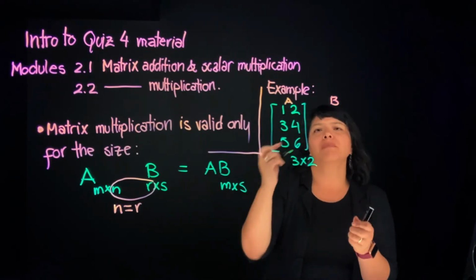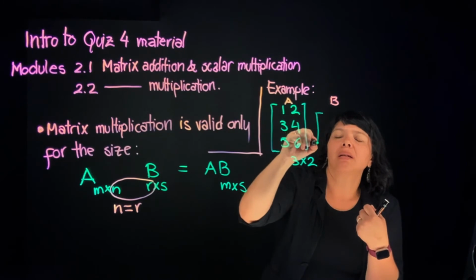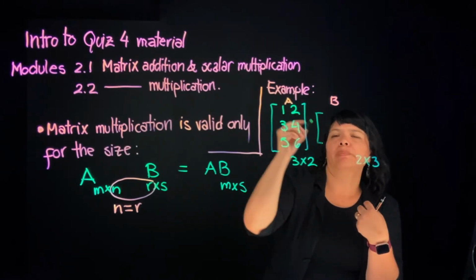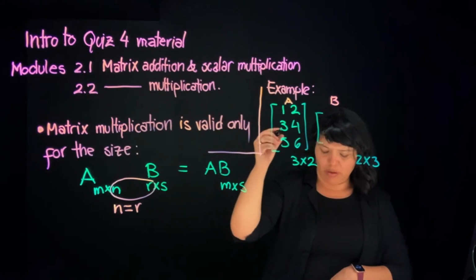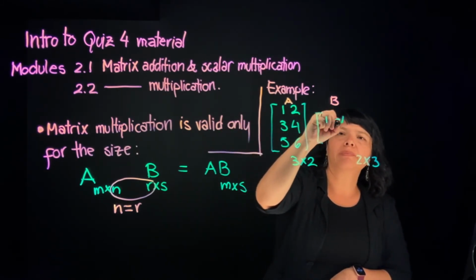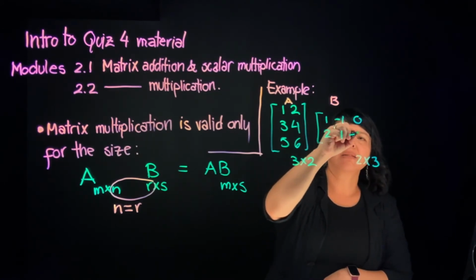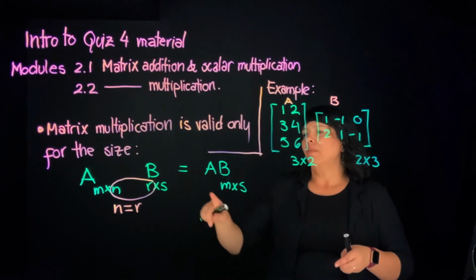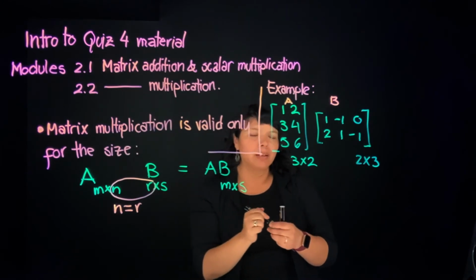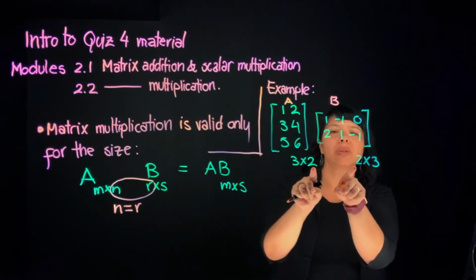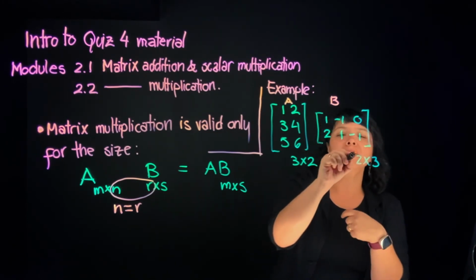So in this case, let me make it a 2 by 3, and I chose 1, negative 1, 0, and 2, 1, negative 1. Because of what I told you, I check that these two inner numbers have to be the same.